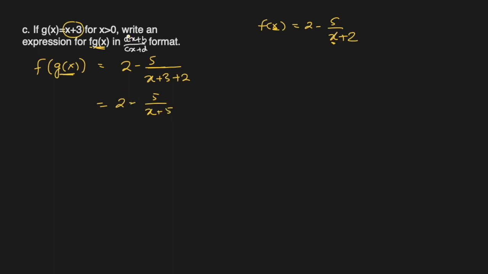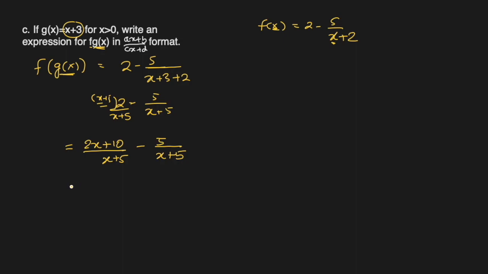But they want this format, (ax plus b) over (cx plus d). That means they need to be combined together. So for that they need the same denominator, and the 2 does not have x plus 5, so we'll forcibly write x plus 5 here, and to compensate we will multiply this 2 with x plus 5 on top also. So 2 multiplied by x plus 5 will be 2x plus 10 over x plus 5, minus 5 over x plus 5.